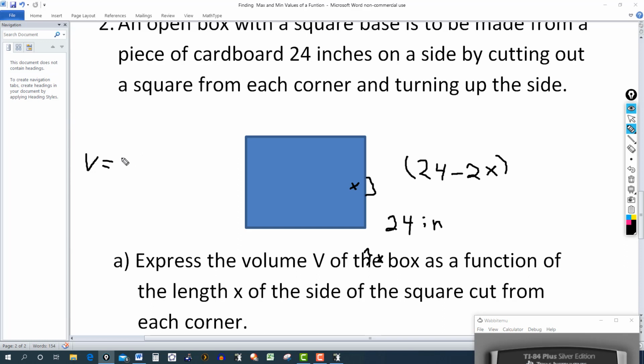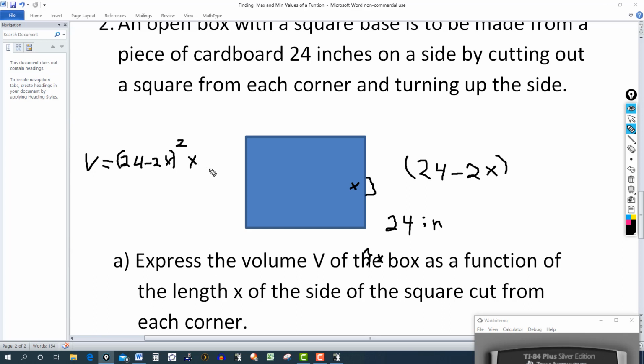Because the base is going to be square, the dimension is to be 24 minus 2x times itself, or we can just write it as squared. Okay, and then multiply it by the height, which is going to be x.